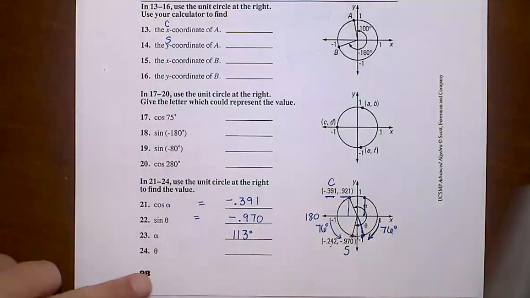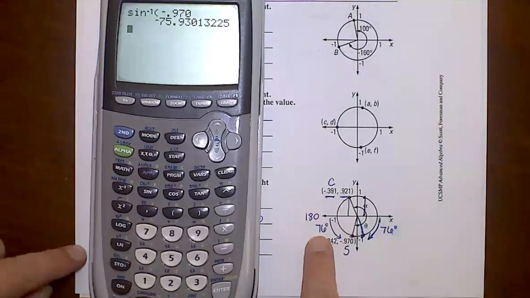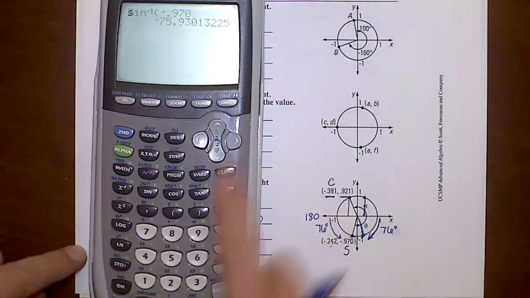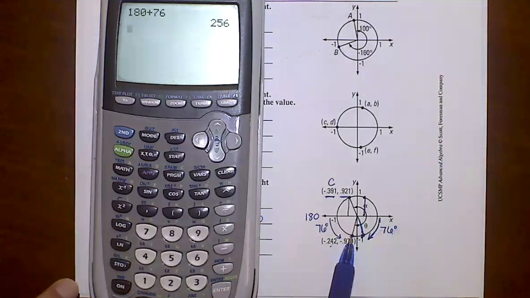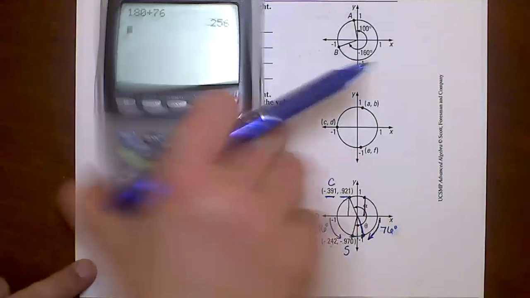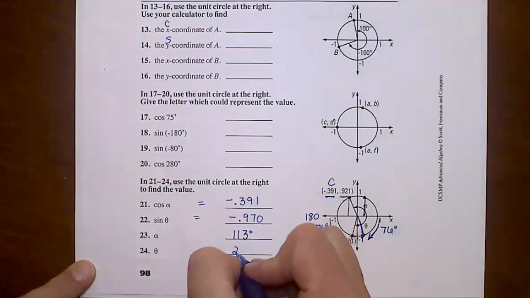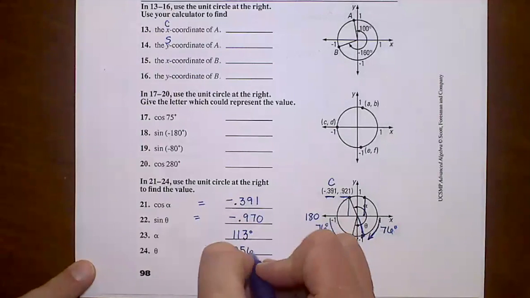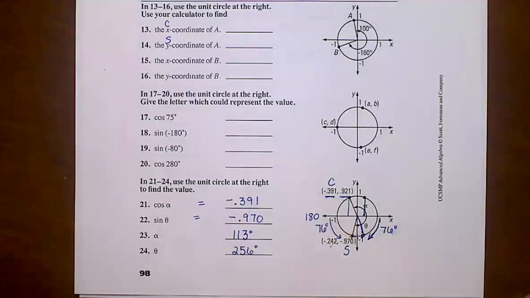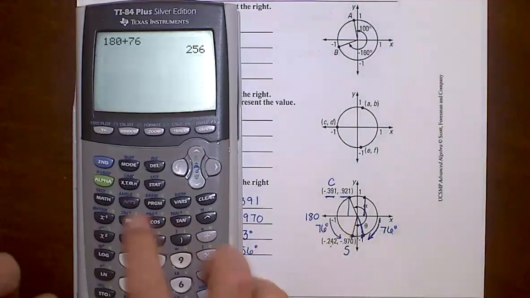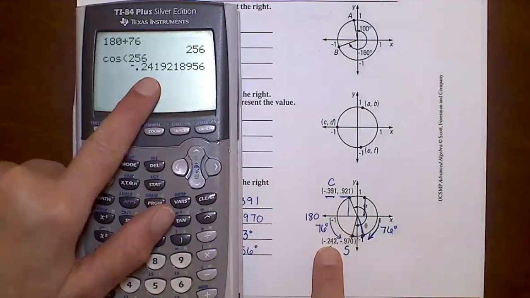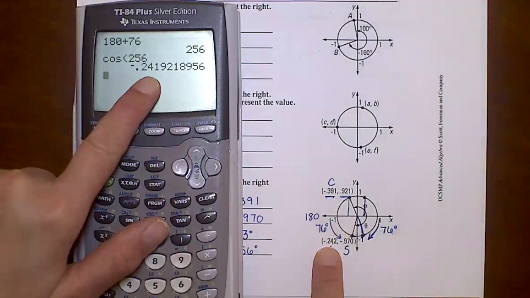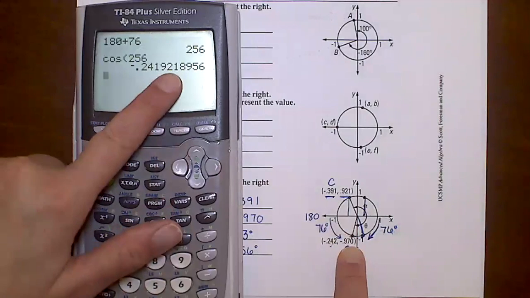So what I would do is take that positive 76 and add it to 180 to figure out where that angle should be located, okay? And so this is really a 256 degree angle. And if you wanted to check it, you could do cosine of 256 and you're going to get that decimal, negative 0.242. You could do the sine of it and you're going to get negative 0.970.